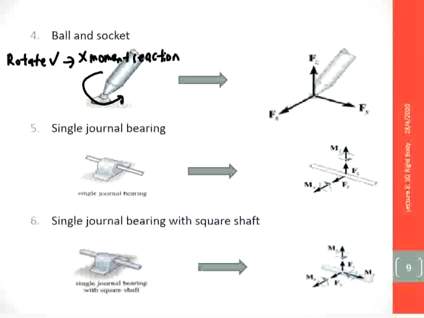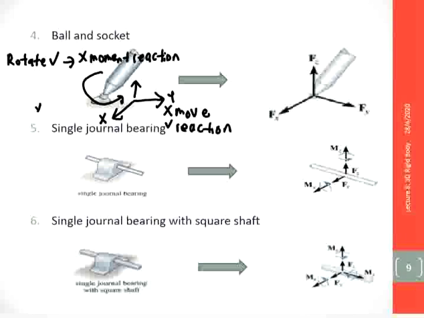But because it's fixed to this ball, it cannot translate. For example, with x, y, and z axes, it cannot move in the y direction, so there is a reaction there.